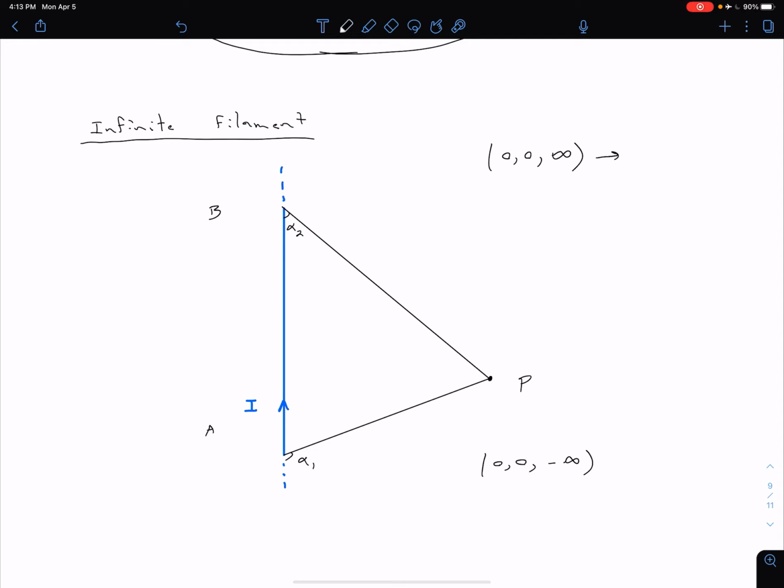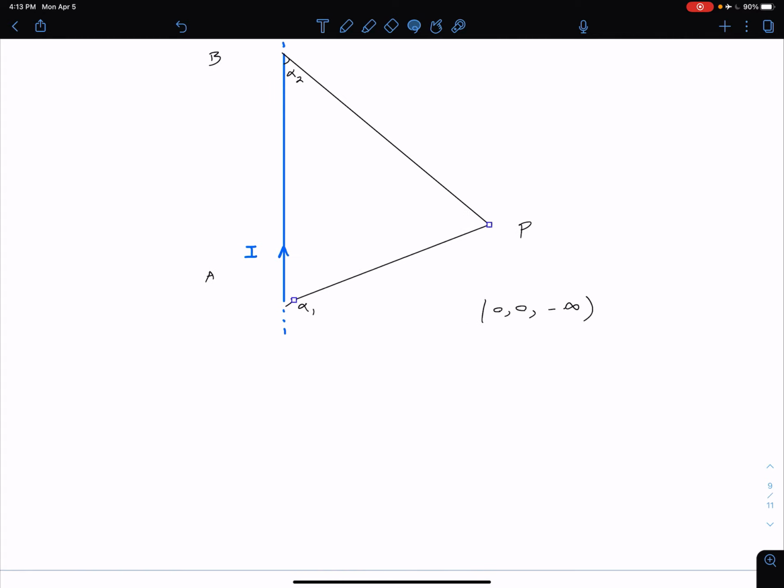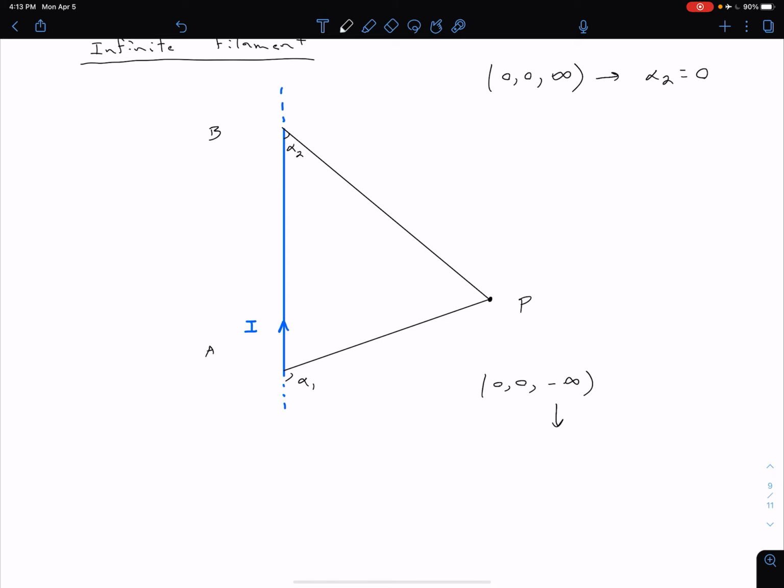So this is going to correspond to alpha 2 equal to 0 degrees. Similar thing for our line corresponding to our start point. As this is going to 0, 0, negative infinity, we're going to see that alpha 1 is going to become 180 degrees.